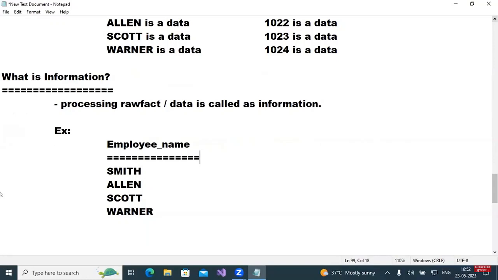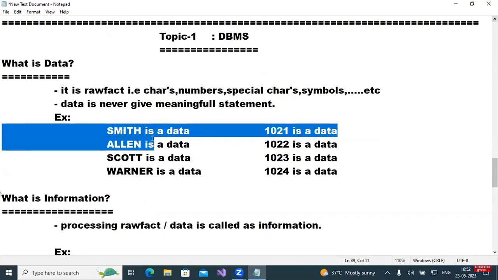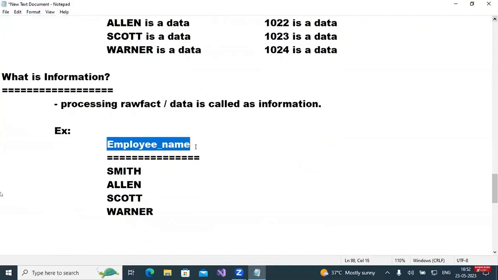How are you telling like this? Because we process the data, and the data is stored in a meaningful manner. Before, I also stored my data, but was there any meaning? Not at all. But now I'm storing the same data with a meaningful statement. With the help of this predictor, anybody can understand that these are employee names.